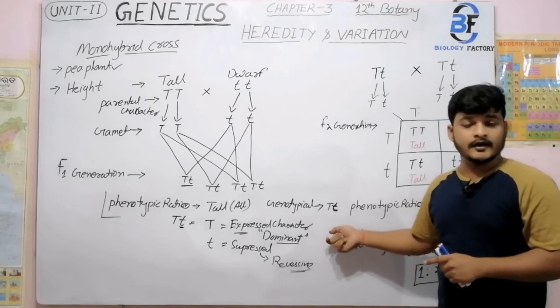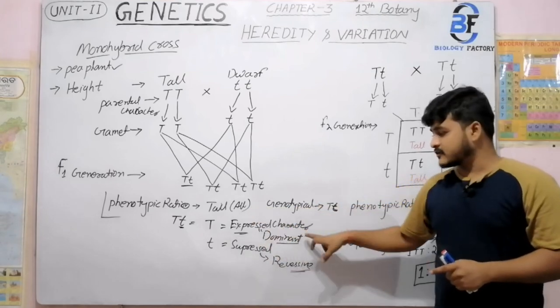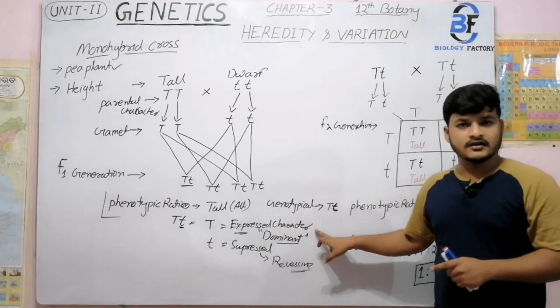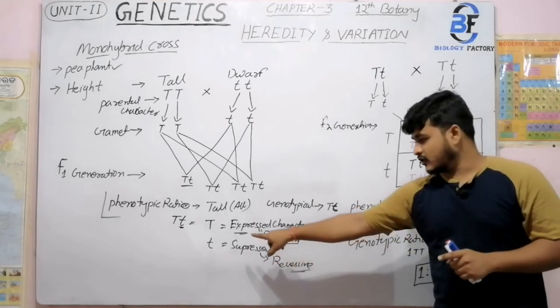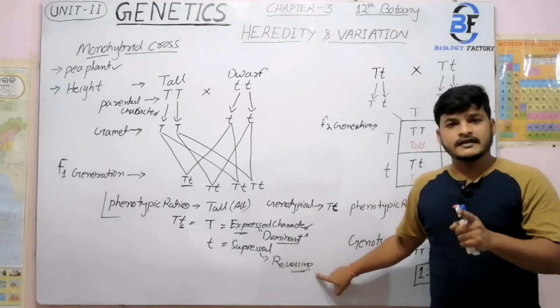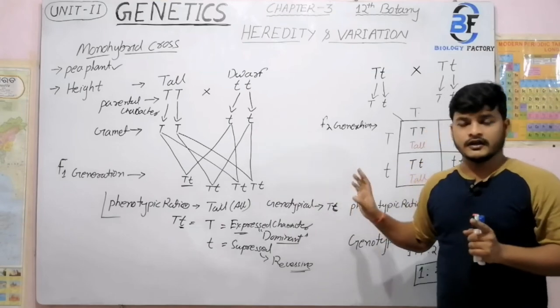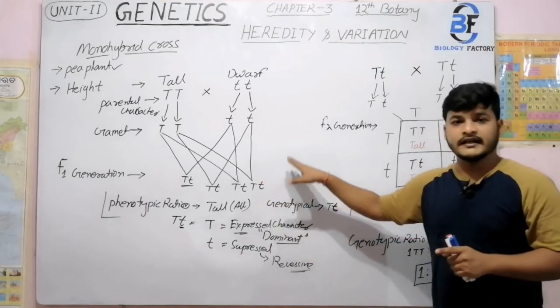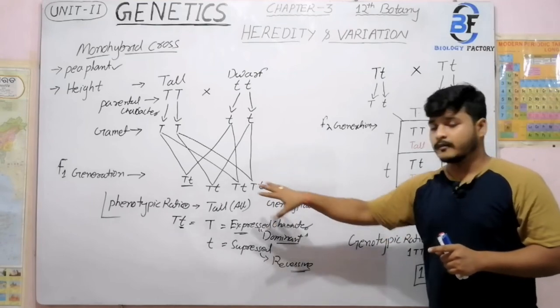The reason is that capital T is expressed. That means it is the expressed character, tallness, otherwise known as dominant. The next one is the suppressed character, which is recessive, and the letter is small t. So in every case small t is suppressed and capital T is expressed, so all the plants are tall in nature.